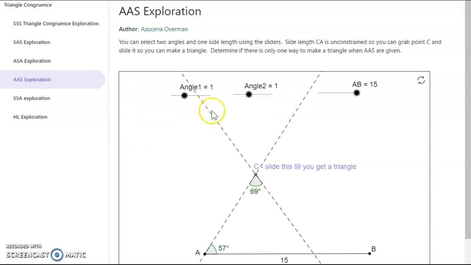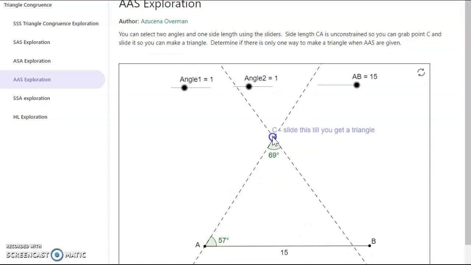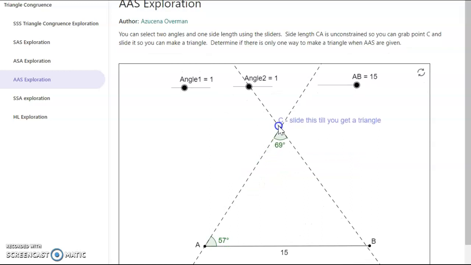Again, you can change the length and the angles, but if I am given this length 15 and I need to make 57 degrees here and I need to make 69, the only way I can create this triangle is by moving it until that point passes through the vertex B. Okay, that creates the triangle.